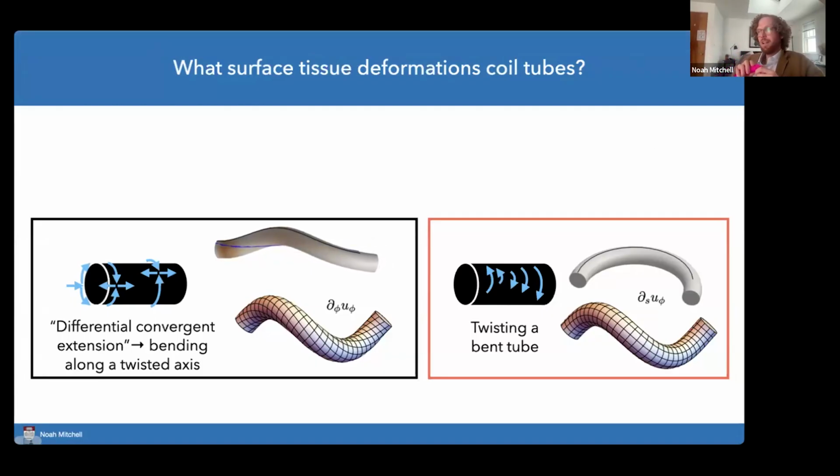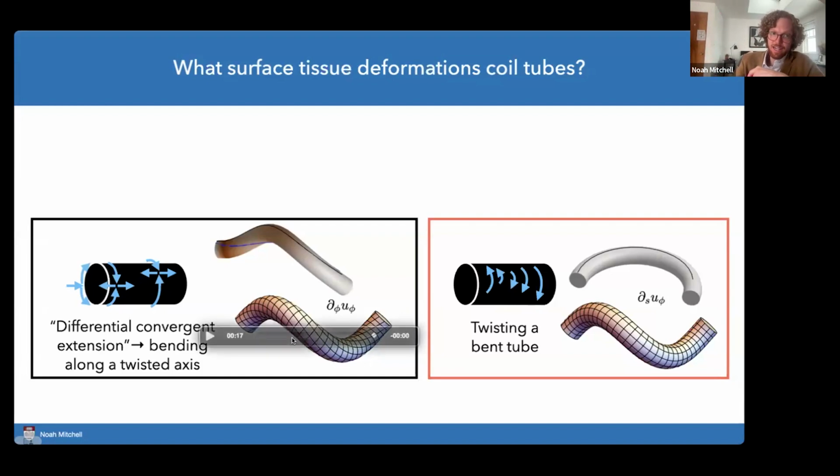The idea is that we found from these measurements before that this tissue is incompressible. And so I probably should have included a slide to that effect. But the punchline is that because we can't have differential growth, what we can have is differential convergent extension, that one side converges and extends more than the other side. And if the directionality of that symmetry breaking has an axis which coils around, then we essentially bend along a coiled axis.